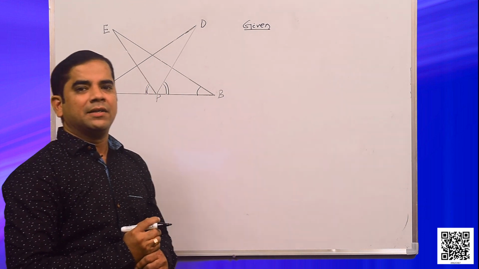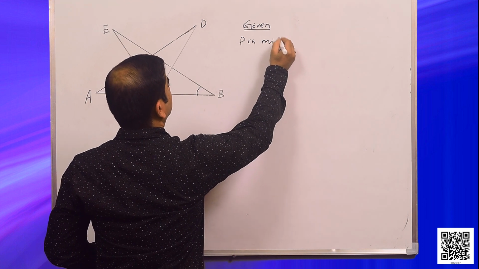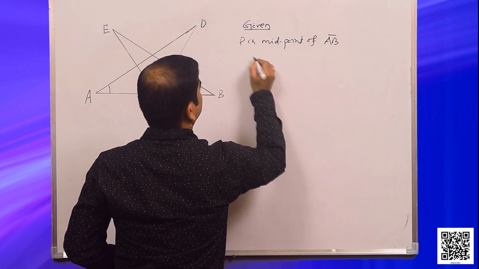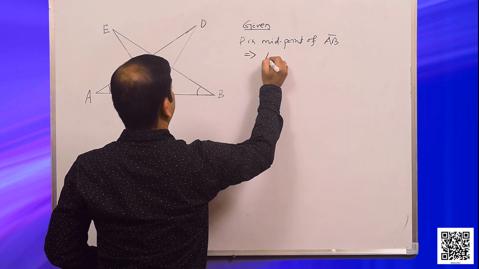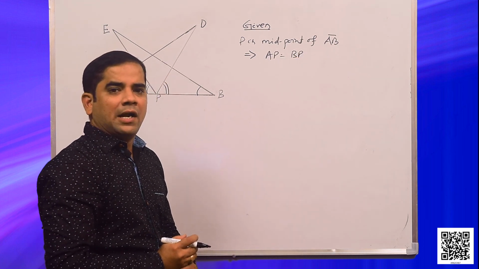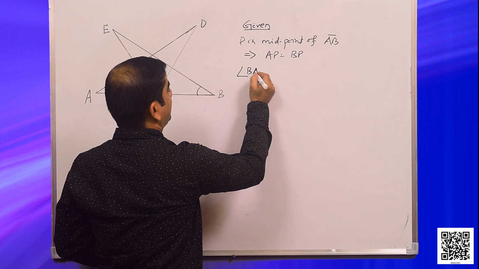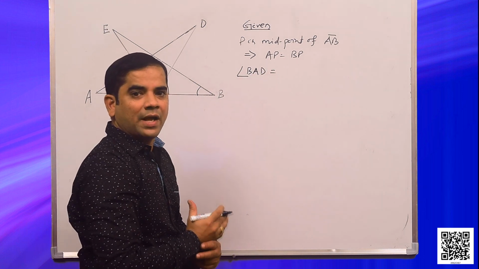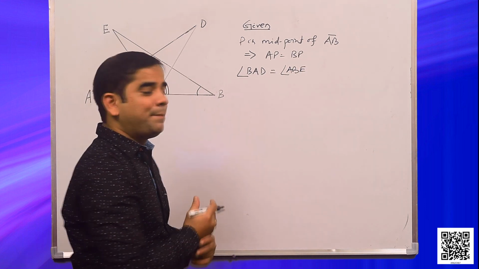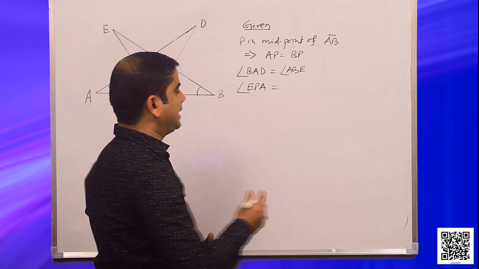So, what are the given data? P is the midpoint of AB. That implies AP is equal to BP. And angle BAD is equal to angle ABE. What else? Angle EPA is equal to angle DPB.